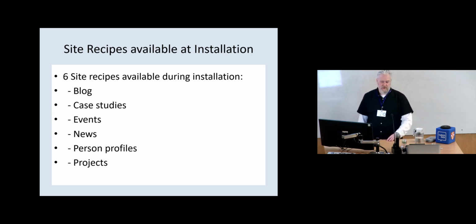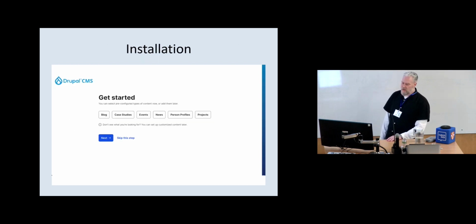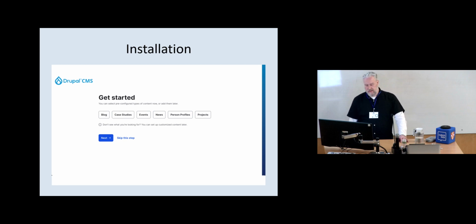Maybe we'll just give people the choice. So when you install Drupal CMS, you get an idea of the content types that you can choose: 1, 3, all, none. Or you can even skip it and just go with the standard. Obviously, these can be installed later as well.